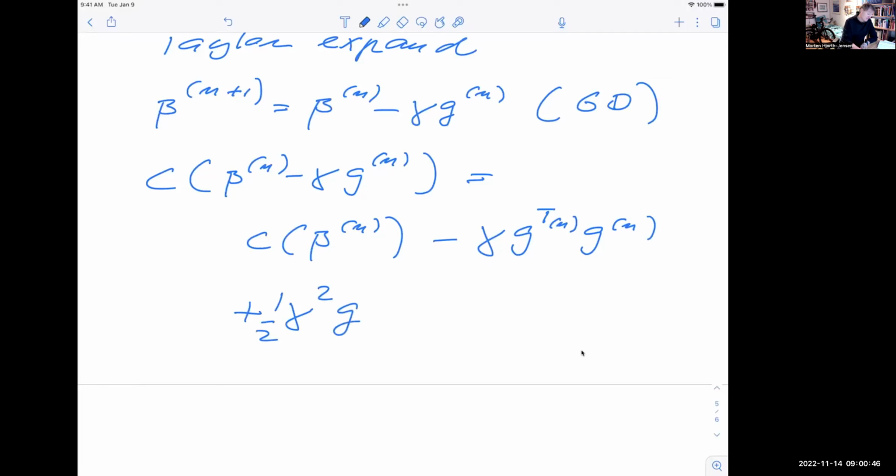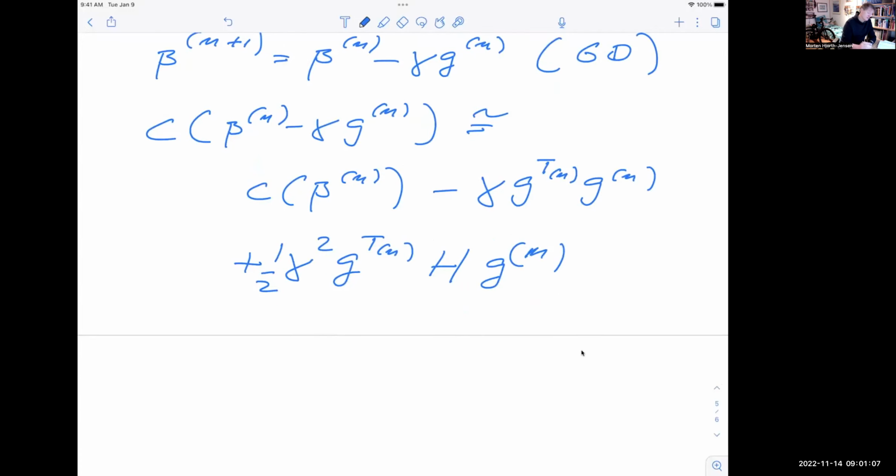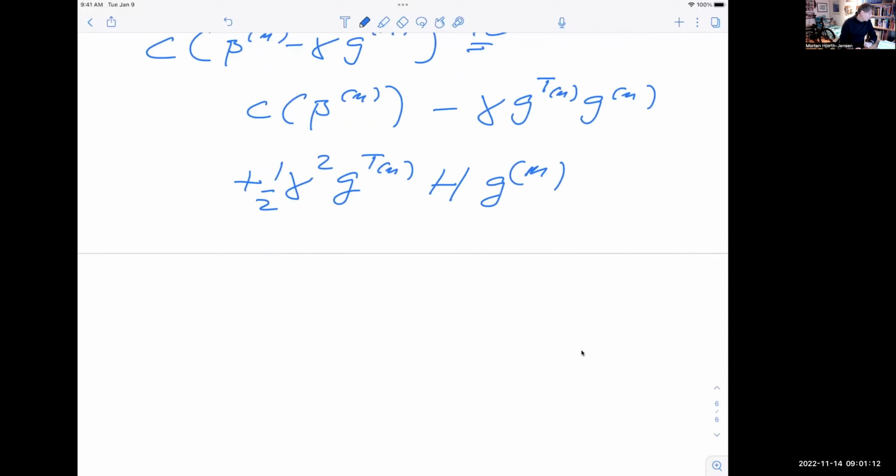So we are now looking at this term squared, so we have the gradient at iteration n, and the second derivative of the gradient at n. And then we simply approximate this at the order of the second derivative. Now, what we assume is that C of beta of n is not a function of gamma.